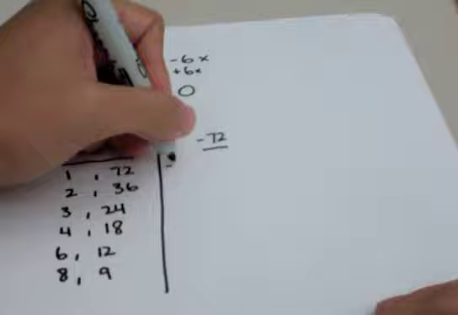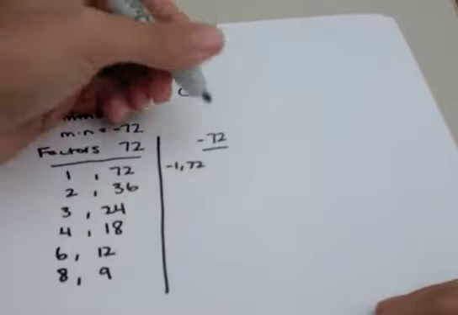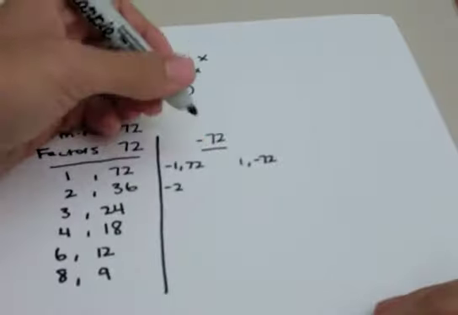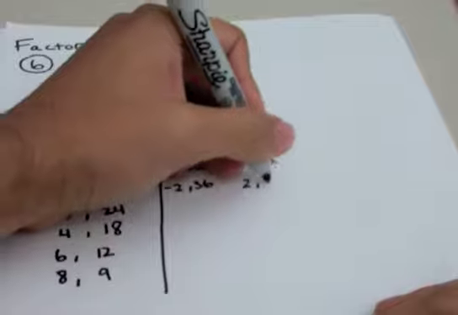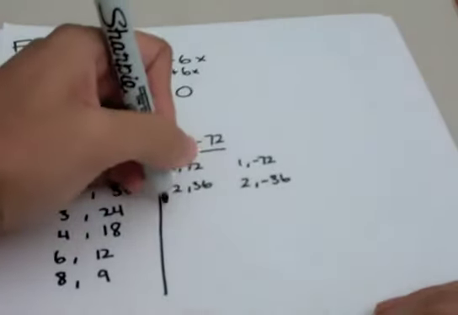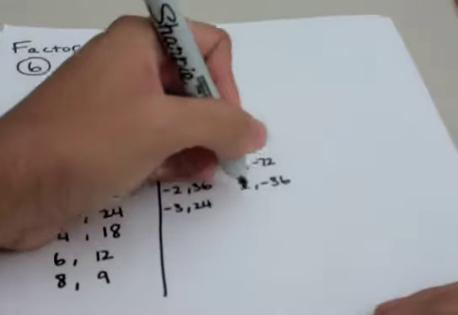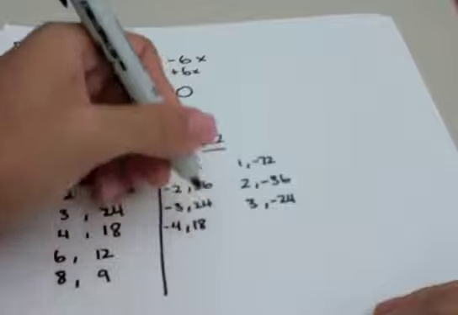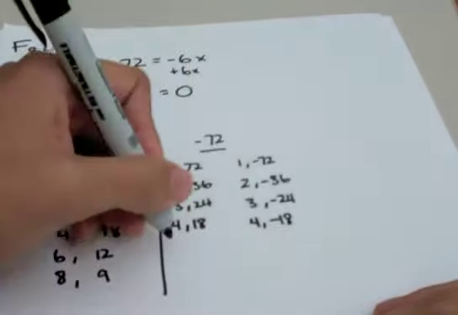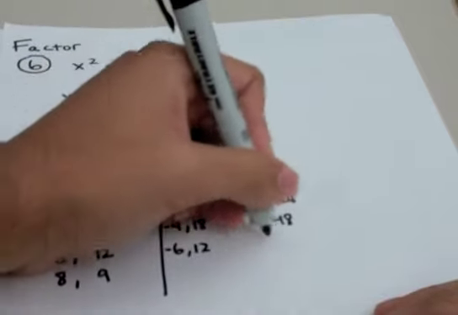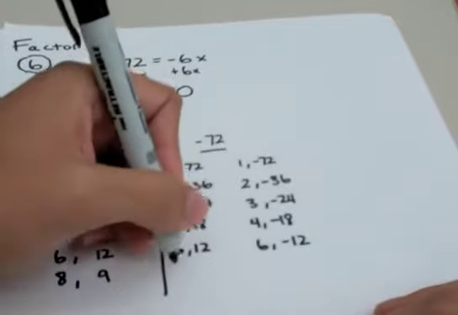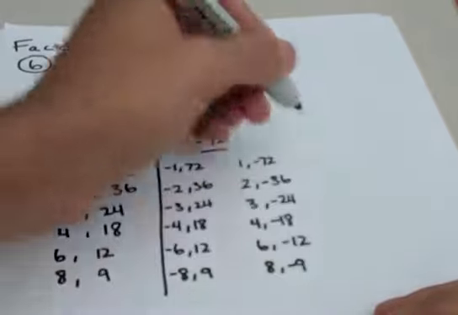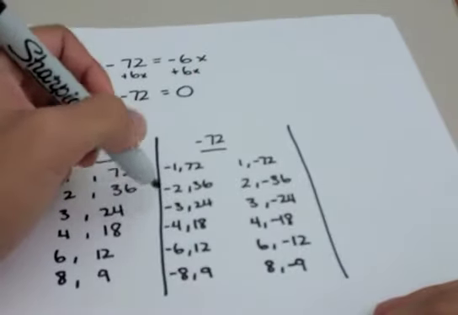So it would be negative 1 and 72, or 1 and negative 72, negative 2 and 36, or 2 and negative 36, negative 3 and 24, or 3 and negative 24, negative 4 and 18, 4 and negative 18, negative 6 and 12, or 6 and negative 12, negative 8 and 9, or 8 and negative 9.